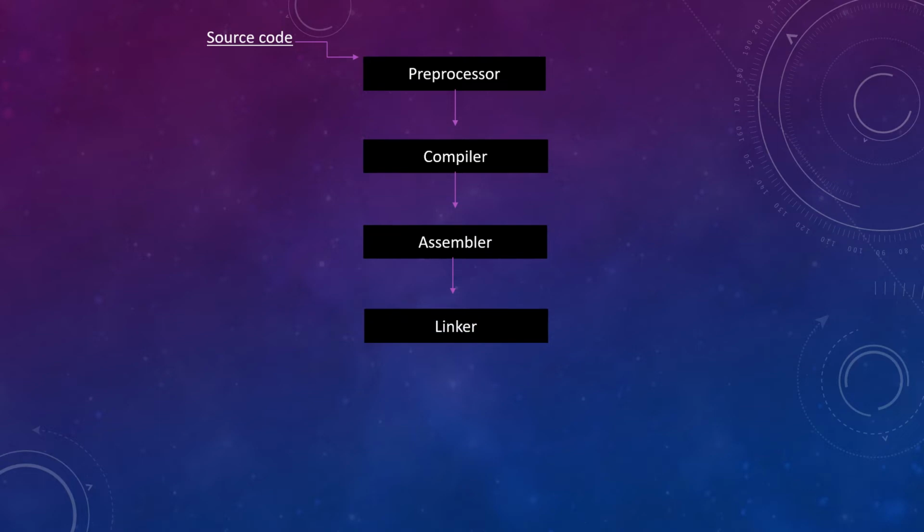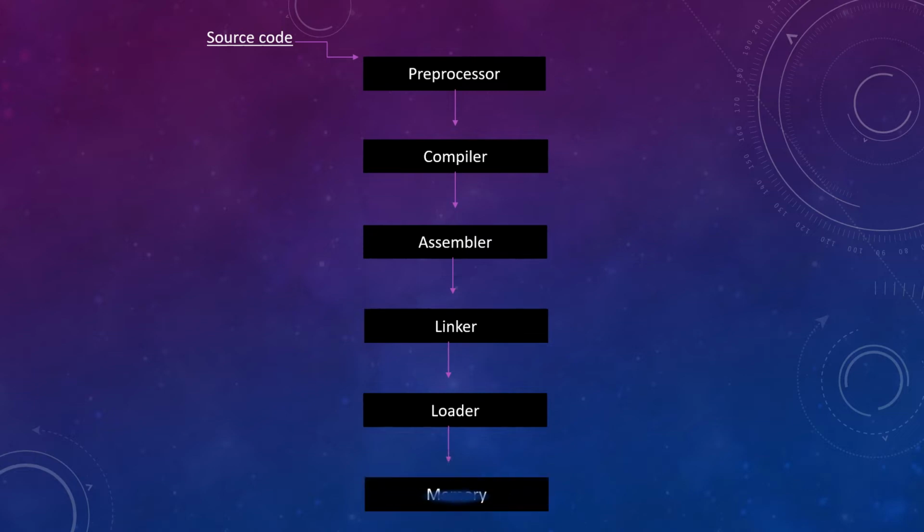As we know from the previous point, the linker comes next, then the loader, and the loader loads all this executable program into memory, right? So this is the basic diagram. Now we see what the preprocessor, compiler, assembler, linker, loader and memory are. We see these components which are used in this system.